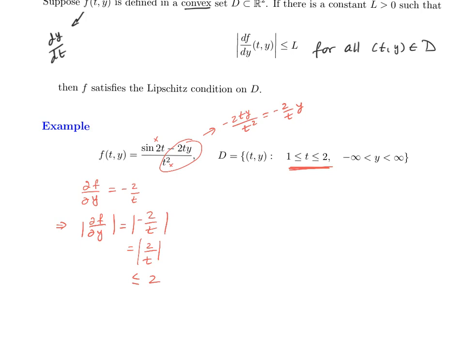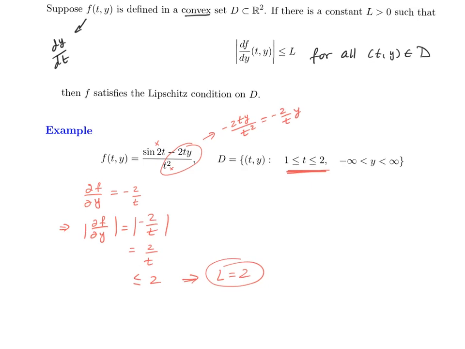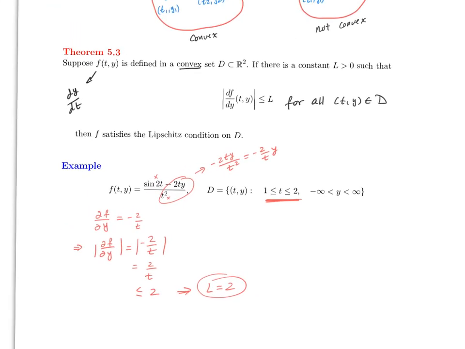Actually, here you don't need the absolute value for this part, and this is always less than or equal to 2. And again, we already knew this. The value for the Lipschitz constant would be 2. As you can see, Theorem 5.3 may be an easier way to check if a specific differential equation satisfies the Lipschitz condition on y.